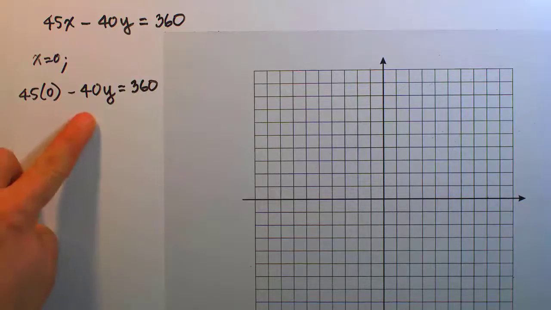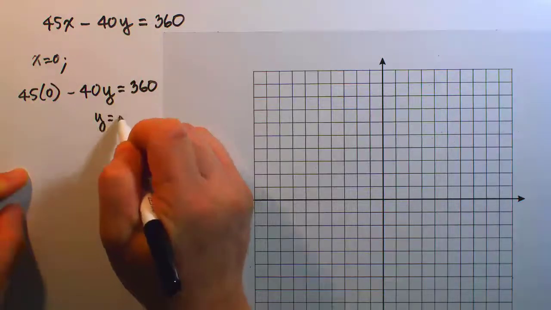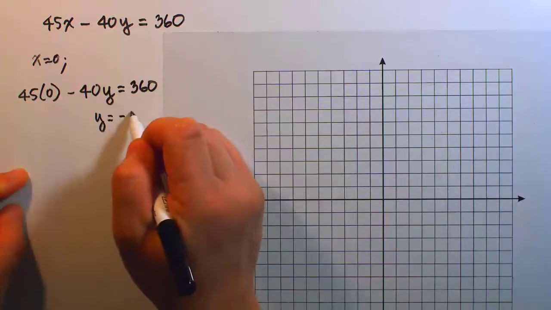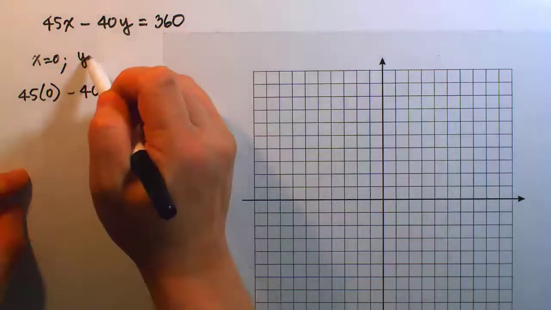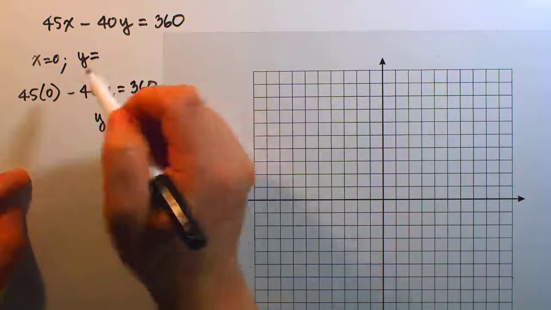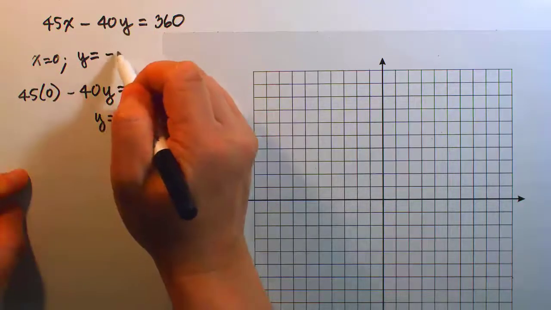And so in that case, solving this equation for y value, we're looking at y value now equals negative 9. So I now have the y-intercept being x equals 0, y equals negative 9.